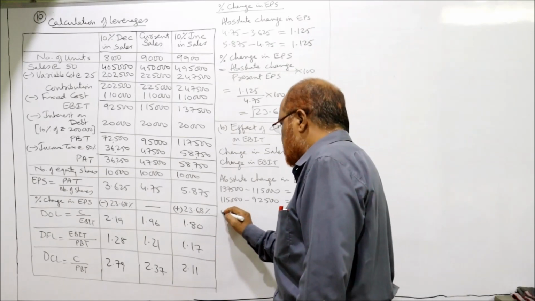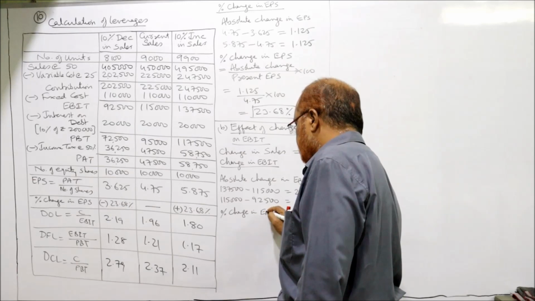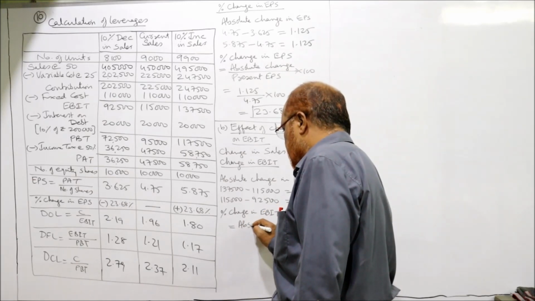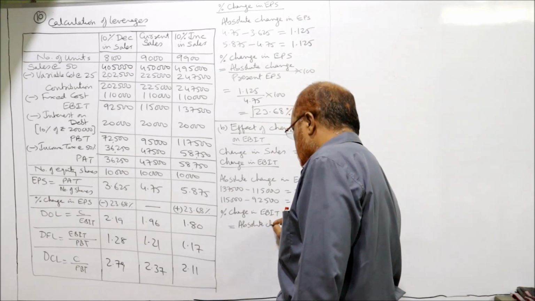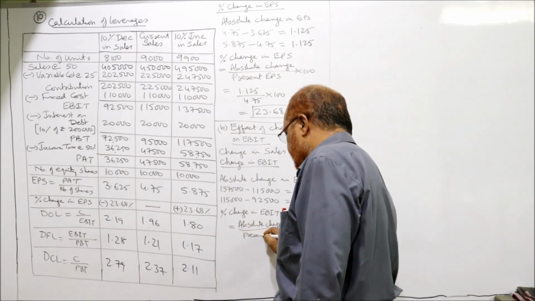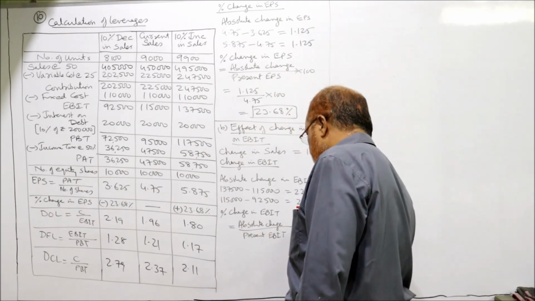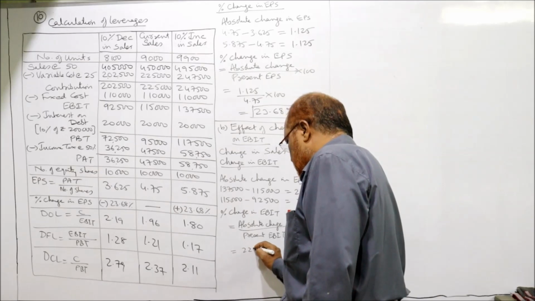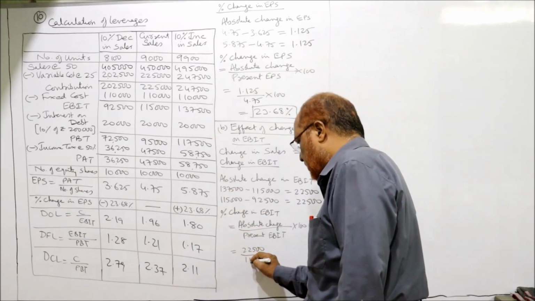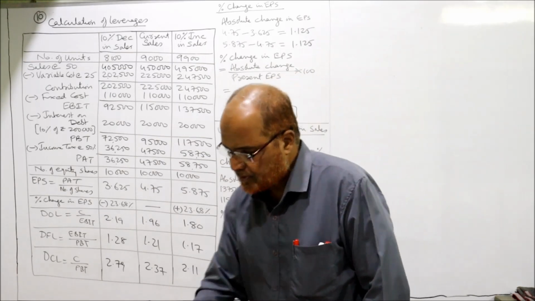The percentage change in EBIT is equal to absolute change divided by present EBIT into 100. That is equal to 22,500 divided by 1,15,000 into 100.